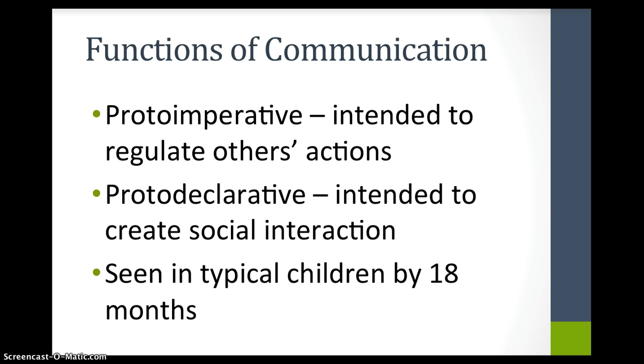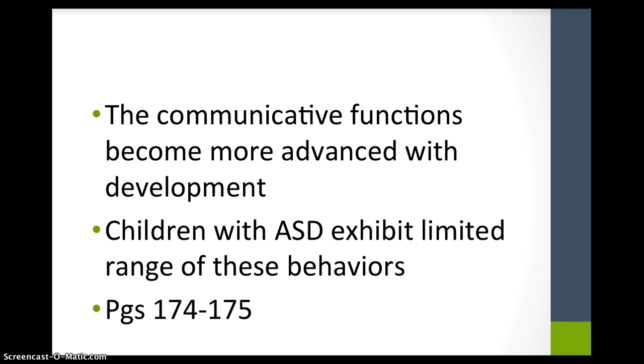As far as the function goes, whether it's proto-imperative or proto-declarative, whether you're trying to regulate what someone else is doing or create just an interaction, this is seen in very young children as well. So by the time children are a year and a half, they typically have the ability to perform both of these functions. Obviously, with all developmental types of skills, the communicative functions become more advanced and developed as the children age.